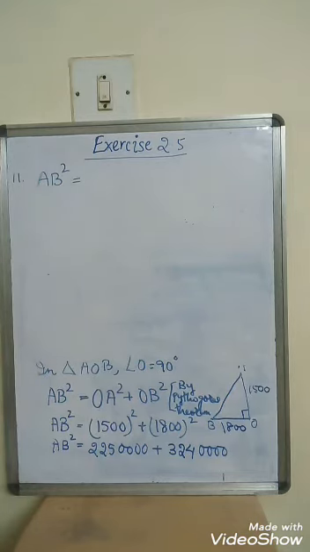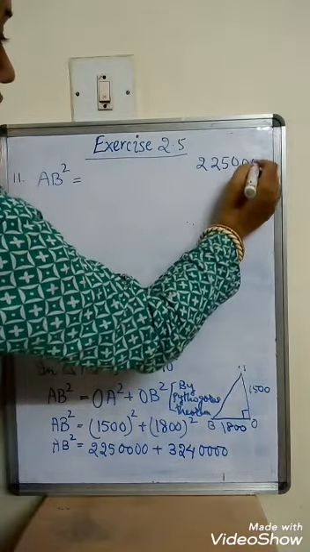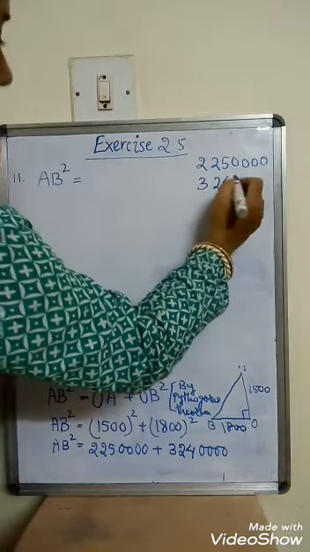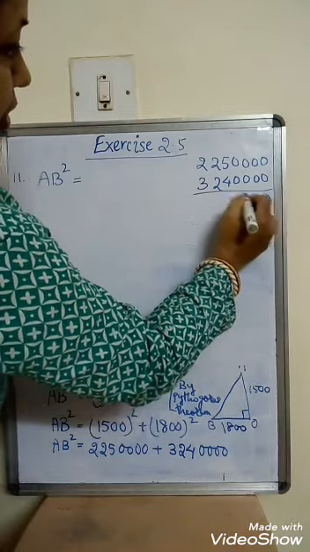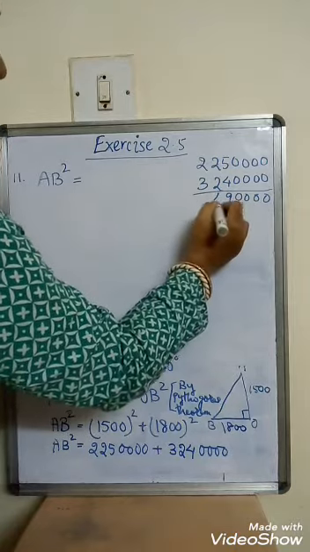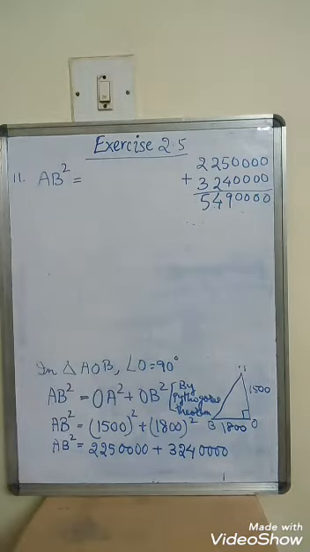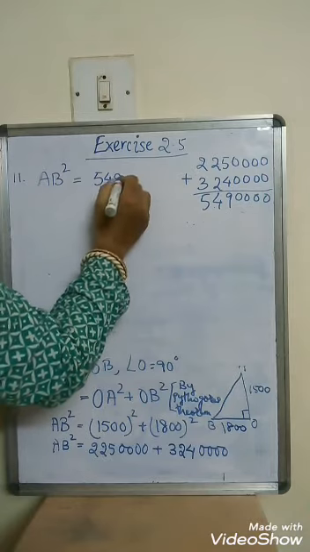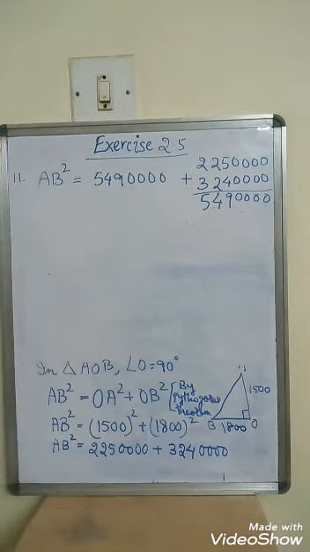When we add both the numbers, what are the numbers? 225, 4 zeros, and 324 and 4 zeros here. So how much do we get? 4 zeros here. 5 plus 4 is 9. 2 plus 2 is 4 and 3 plus 2 is 5. So how much did we get? We got 549 and 4 zeros, right?